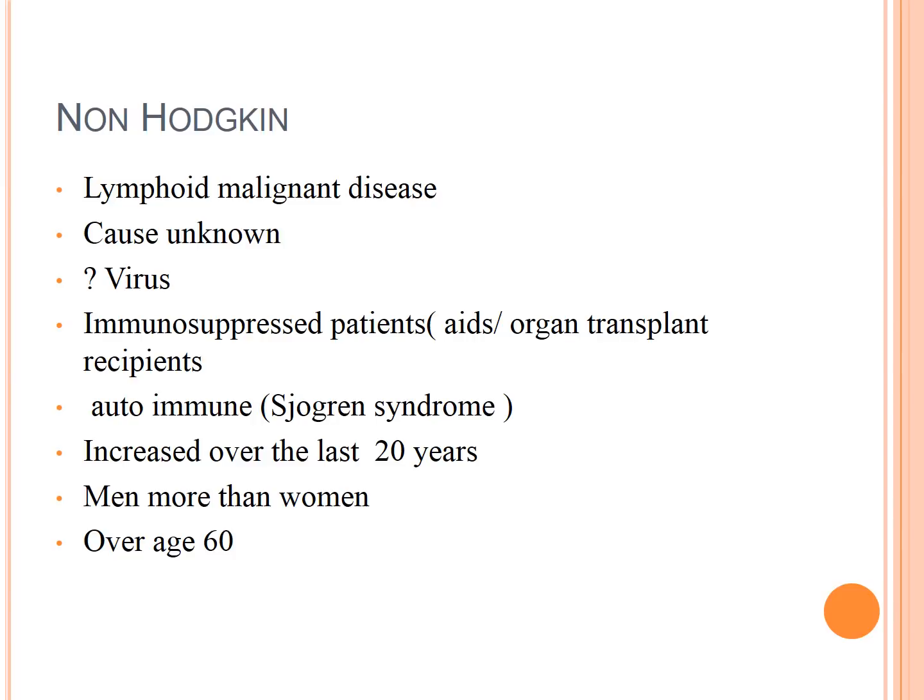So it is often found in patients with immunosuppression, such as AIDS or organ transplant recipients, and some autoimmune disorders such as Sjögren's syndrome, a syndrome where the connective tissues in the body are tighter and become very dry. All the oral mucosa, mucous membranes are very dry. So just know that it's immunosuppressed patients and autoimmune.